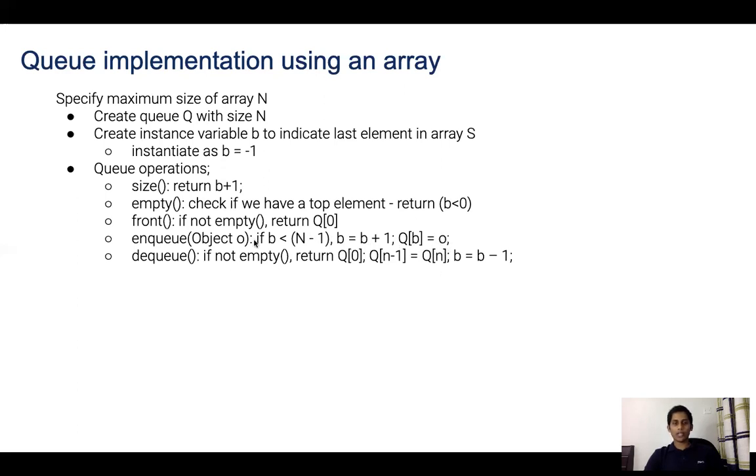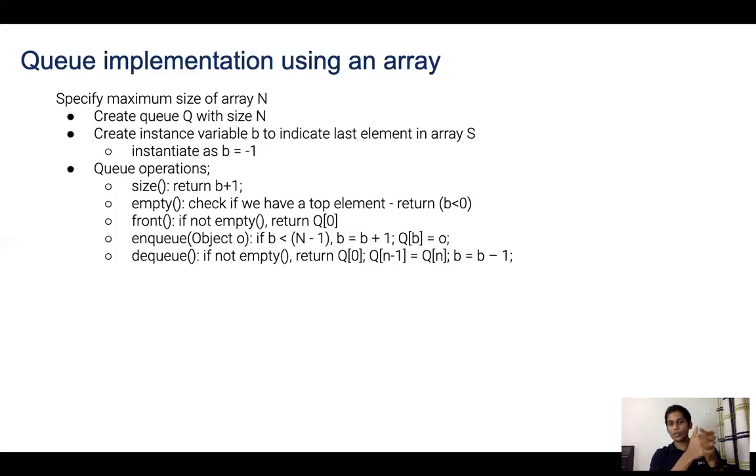And then for dequeue, again, we need to check if the array is empty. If the array is not empty, we're going to return the first element. Since it's a first in, first out data structure, the first element, queue of 0, is always what's going to be removed. For front, we just look at the first element. That's the cool thing.